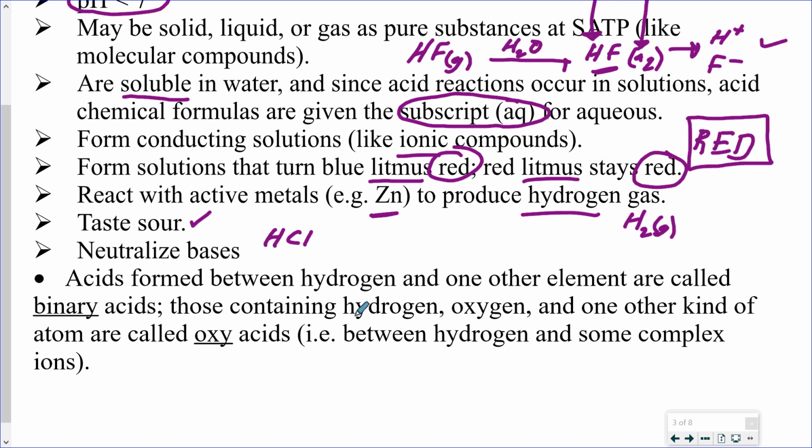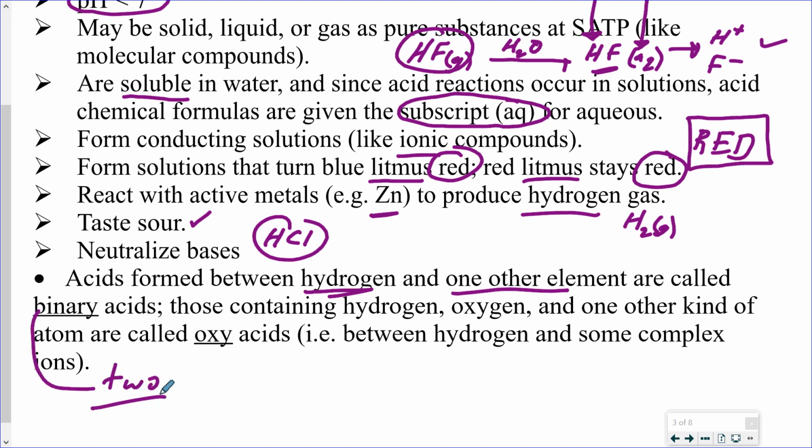Acids that are formed between hydrogen and one other element, that's like this one here and this one up here, they're called binary acids. So again, the bi is talking about two. We only have two different elements. We're also going to come across some where they have a combination of the hydrogen that they always have to have, oxygen, and one other element or atom. So these ones here, they're called the oxyacids.